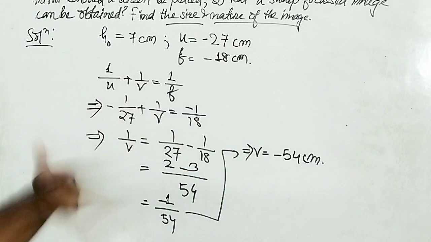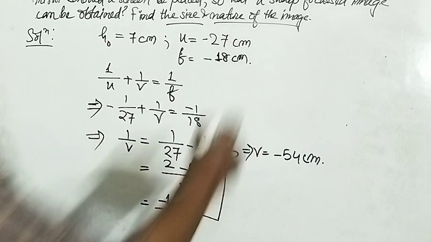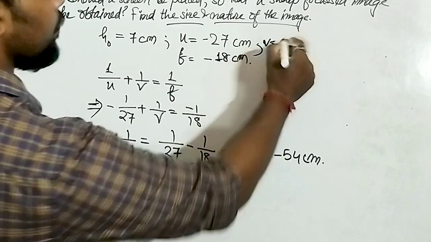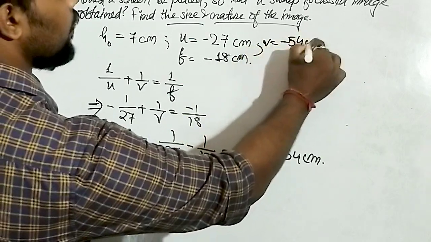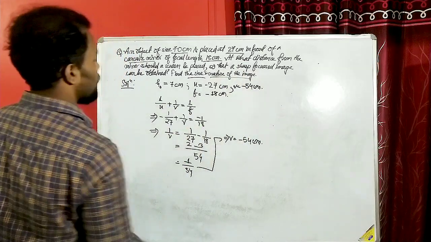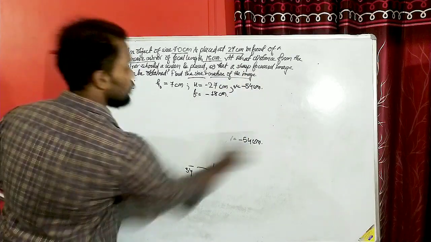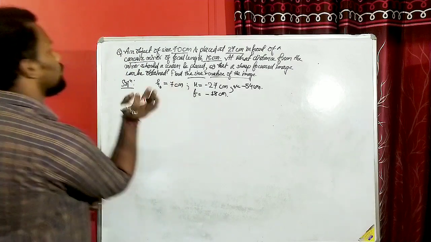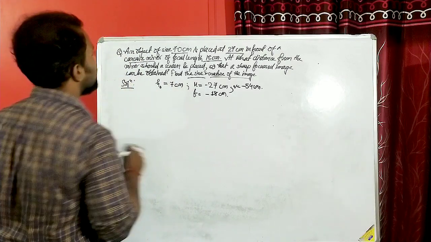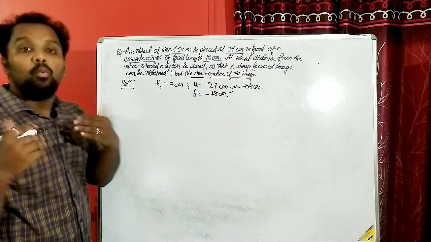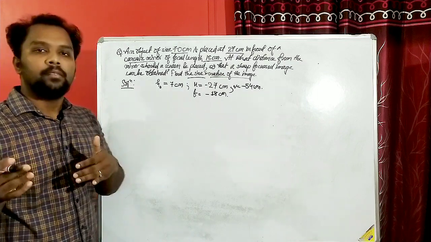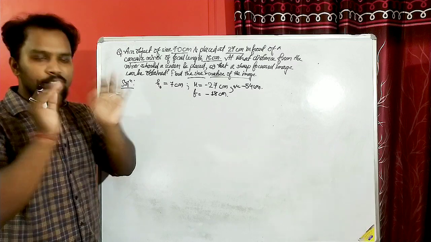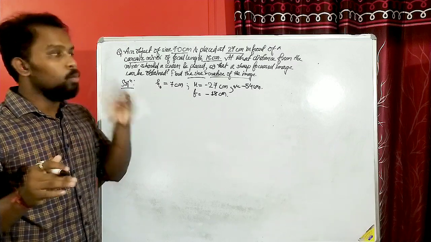Now, again, we will prove that, okay? We have got v as minus 54 centimeter, right? Again, first I will erase this part, then I will prove that it is real and inverted. Everything is possible to prove. Don't worry about that, since we are dealing with physics. Physics always discusses the whys, why something is happening. Okay, the what can be answered by science, but the why.